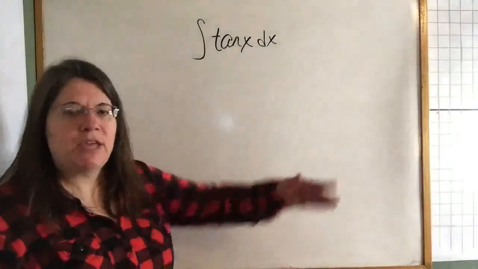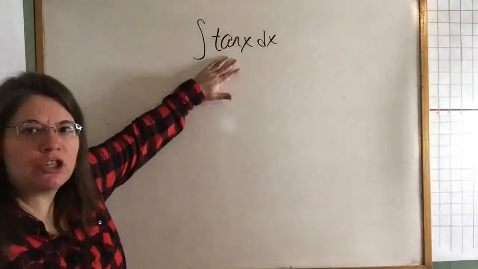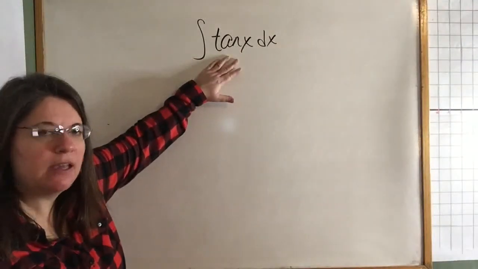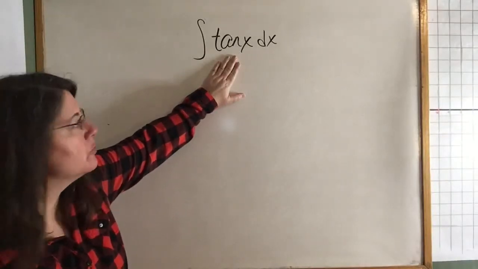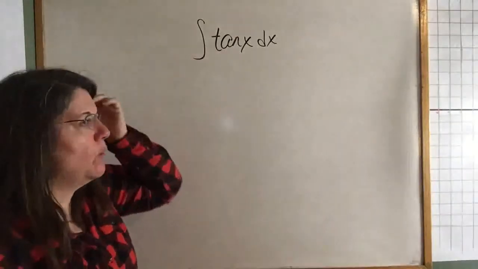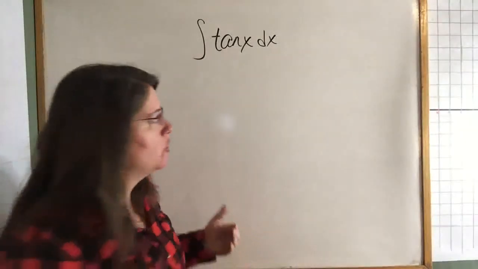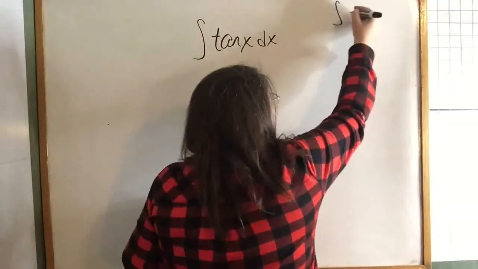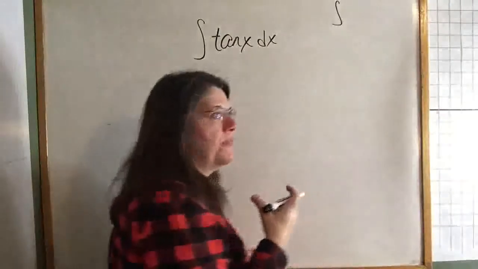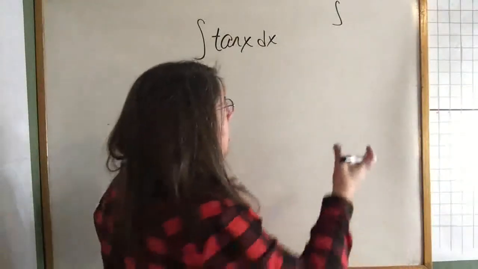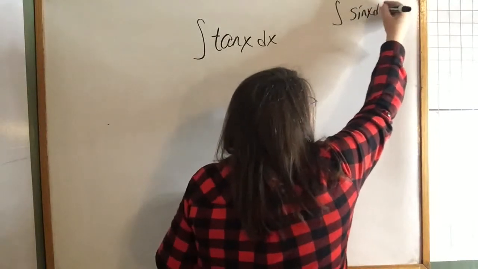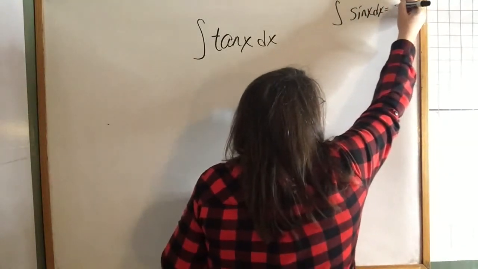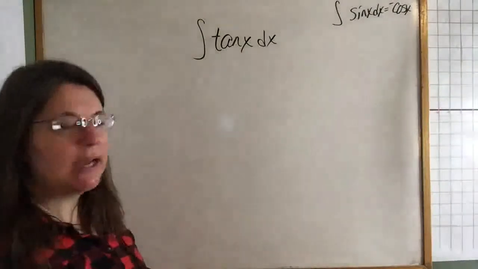So this takes us to the antiderivative or integration of tangent x dx. This is a very important concept to understand when we're dealing with natural log functions. Because if you think about what we know about integration of trig functions, we could only integrate the trig functions based on what their derivatives had been. And so if we think about that, the antiderivative of sine x dx, well, that was negative cosine x.